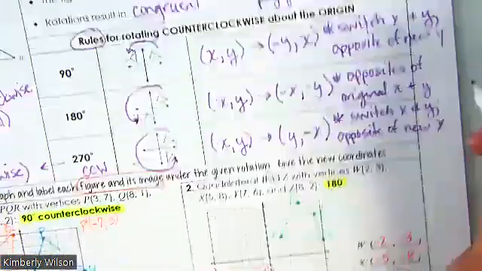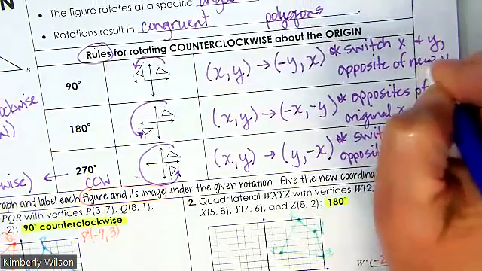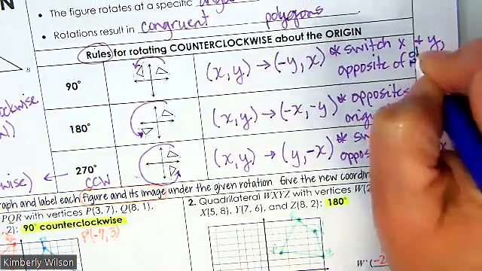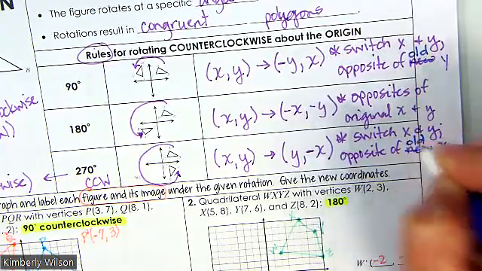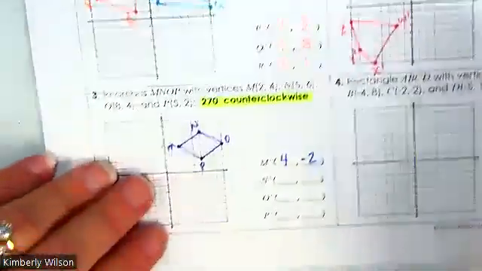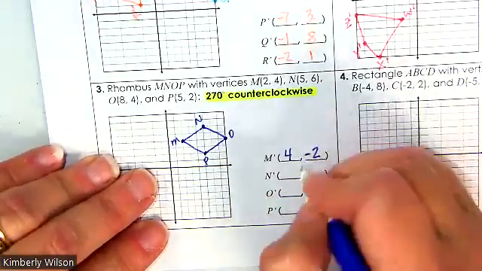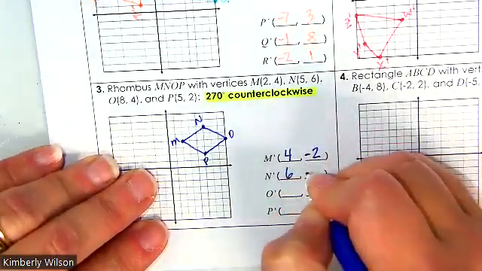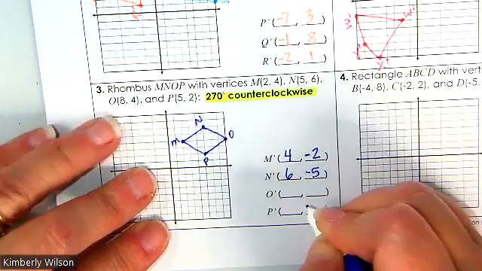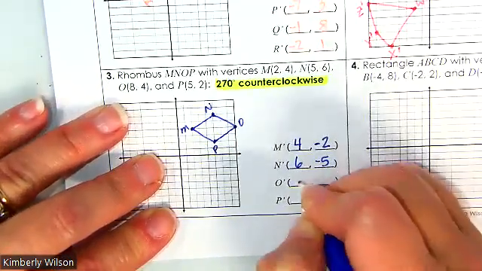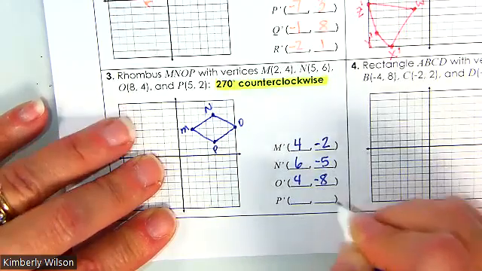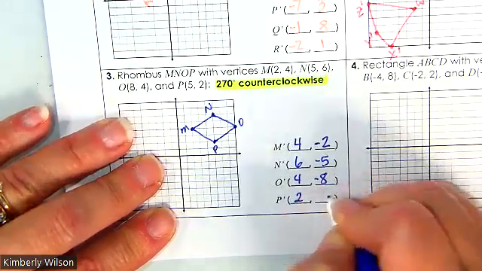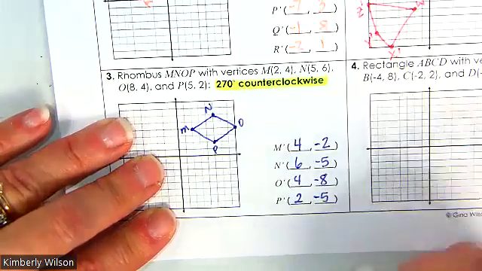It's actually not the new Y, it's the old Y, opposite of the old X. It's not the new. Okay, so N is 6, -5. O, it's 4, 8, and then the 8 is negative. P, it's flipped to 5, but that's a -5.